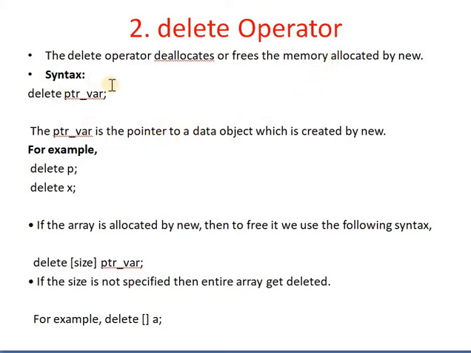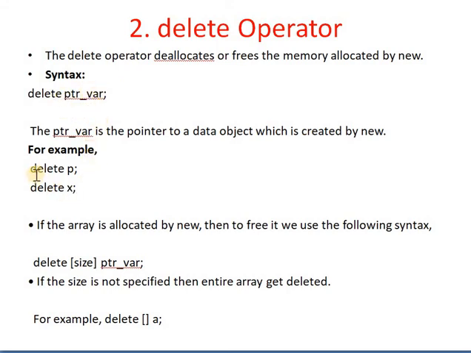There is a syntax for defining the delete operator. First we use delete and then give the pointer variable name, and that pointer variable is the pointer to the data object which was created by the new operator.